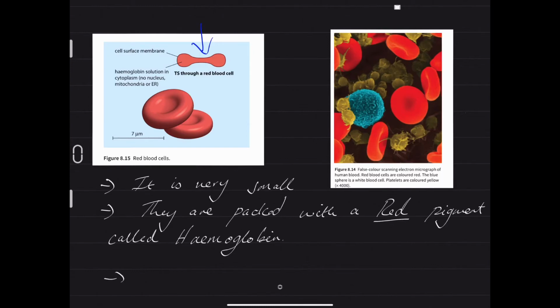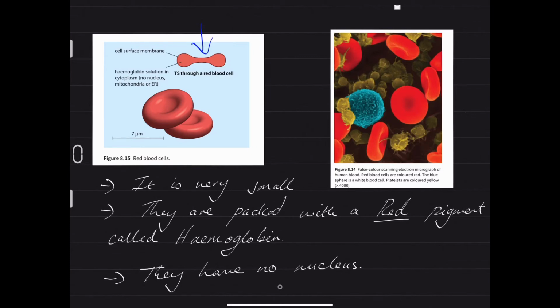And they have no nucleus. Now you should remember this from our previous lessons where we looked at cells and specialized cells. So this should not be new to you, and that's why I'm briefly going over this, because we did look at white blood cells and red blood cells in detail in a previous unit where we looked at specialized cells.